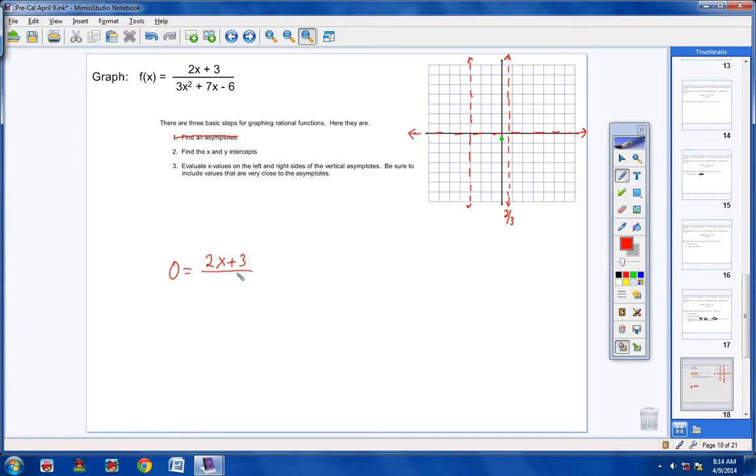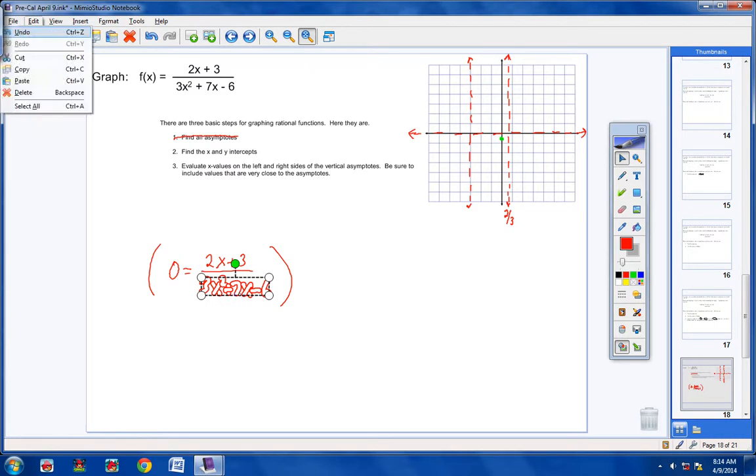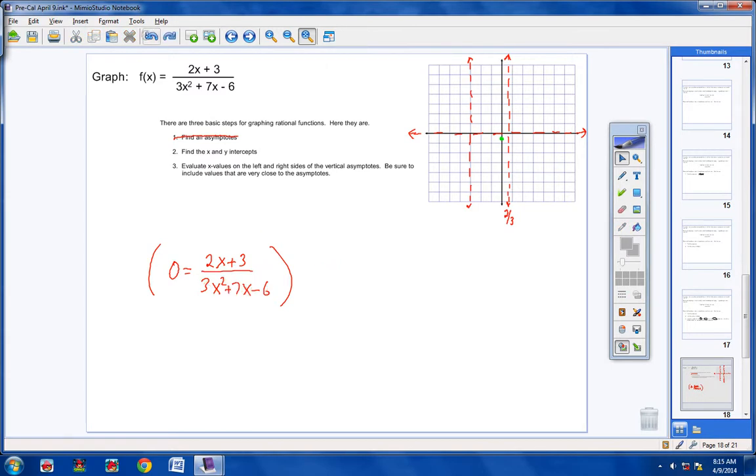Now, because I don't want this fraction, I'm going to multiply the entire equation by this right here. And I did not mean to do that, and I wished I had not done that. Let's try this again. There we go.